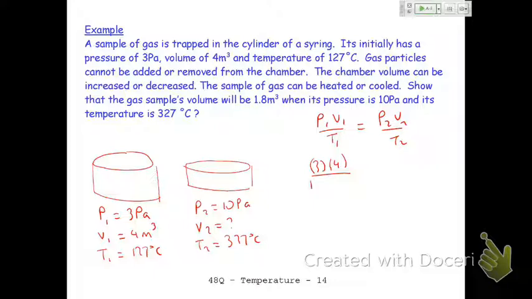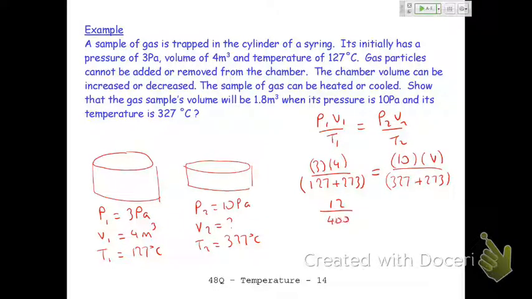So we go 127 plus 273 is equal to 10 times V over 327 plus 273. Most common mistake is people will leave it in centigrade. That's 12 over 400, I think, is equal to 10V over 600.